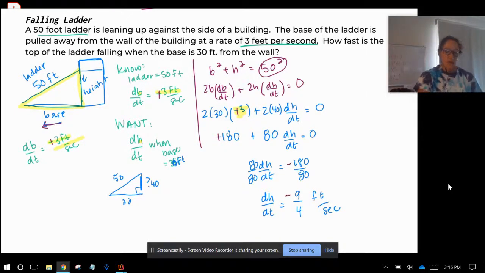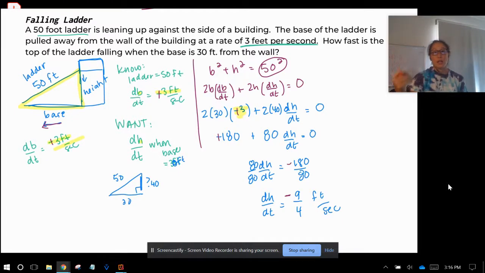So now I'm going to end up with a dH/dt of negative 9/4, which makes more sense because the ladder is falling. So remember, falling, getting shorter, is a negative value. Okay, that's it for this video. I know it's rough.